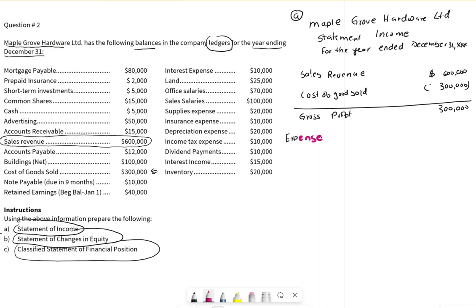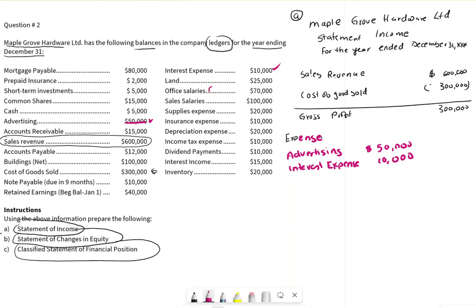The first one is my advertising expense, and our advertising expense was $50,000. We have to look at each one. Then we have an interest expense. We go through each ledger account, only picking up the revenue and expense accounts, and that is my next one. It is your $10,000.